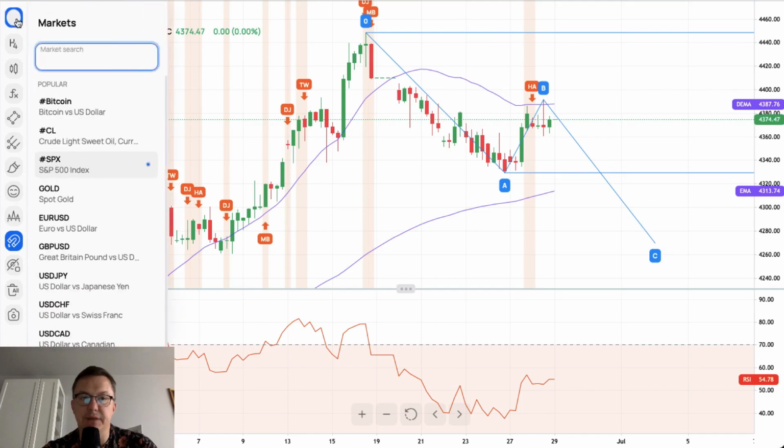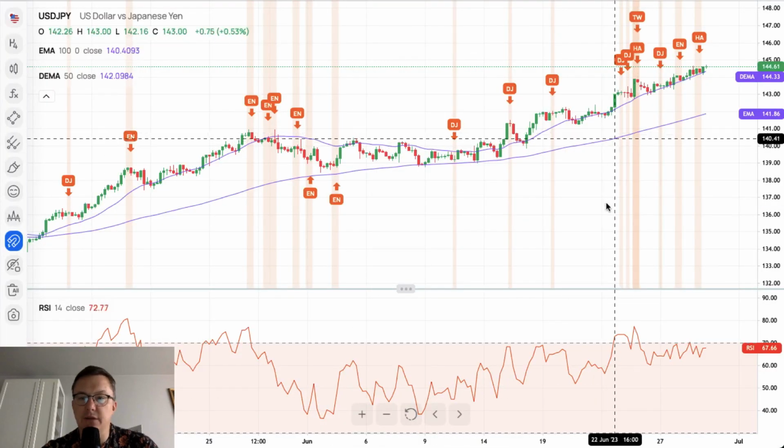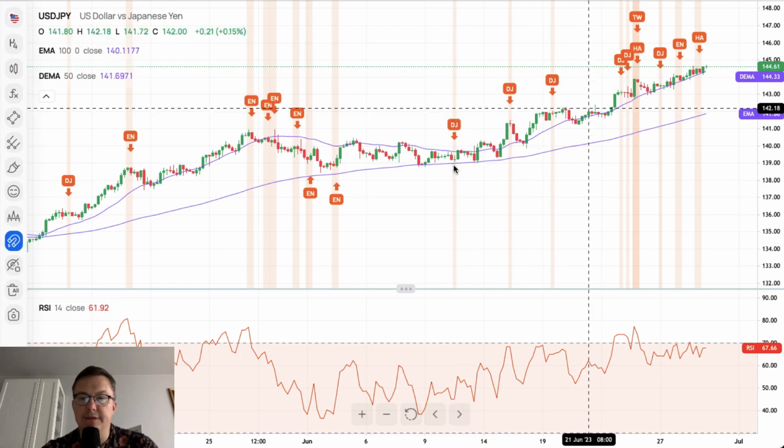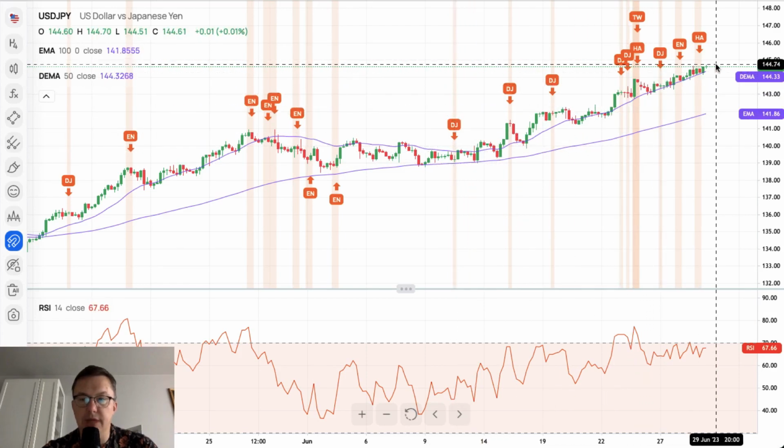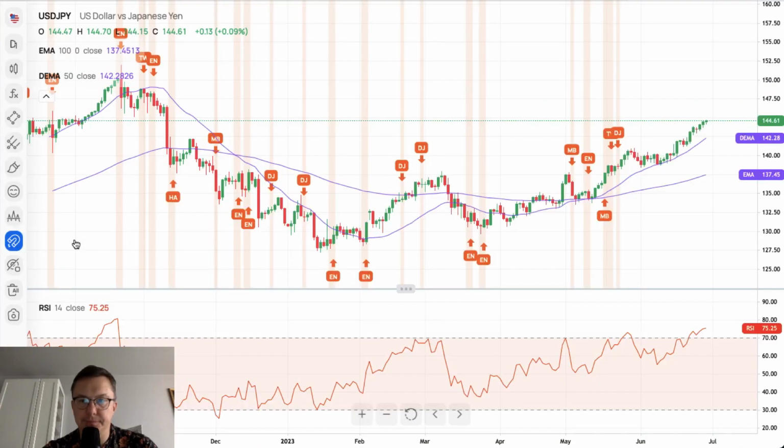So if wave C is anticipated on the S&P 500, what kind of a situation is anticipated on the US dollar to the Japanese yen? We can clearly see here on the 4-hour chart, the market is slowly moving higher and higher. Recently, we've made a new swing high at 144.70. Let's switch to the daily time frame chart because that's a better perspective here.